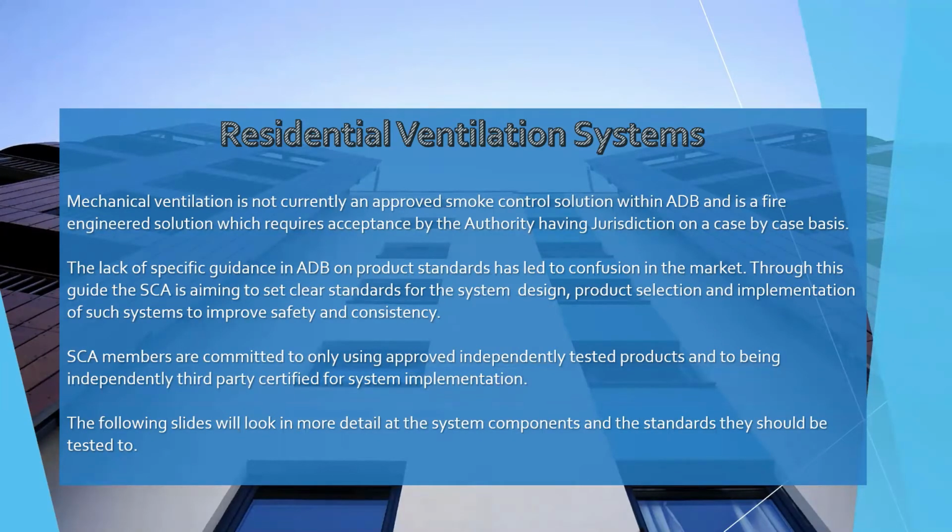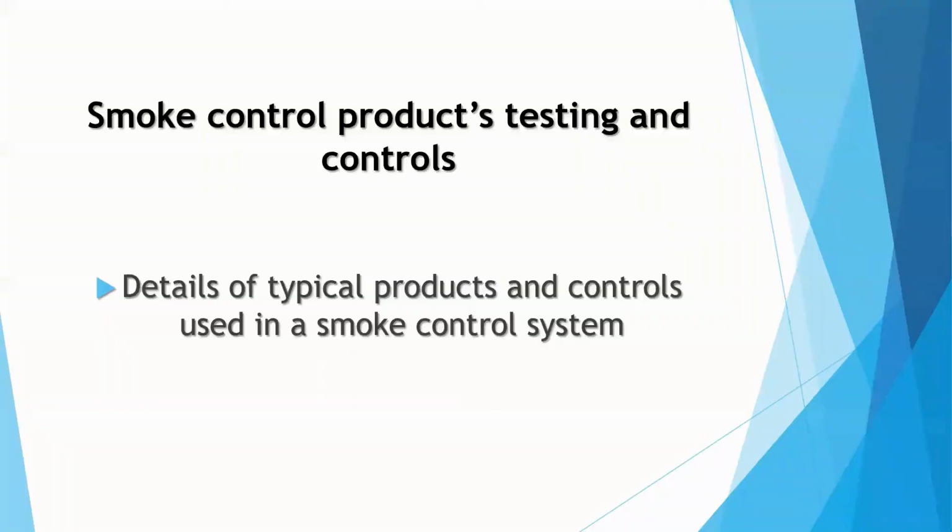To this end, consideration should be given to the areas requiring smoke controls, such as the stairs, the lobbies, corridors, and hallways. The following slides show the layouts of a typical building's smoke shaft, followed by products that would be installed in the system.